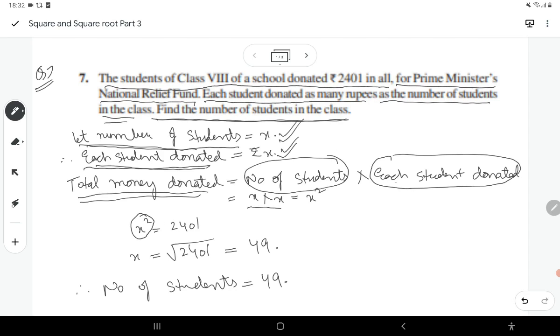It says that 2401 rupees is donated in all. So x square comes out to be equal to 2401, and x is equal to the square root of 2401, which you can find by using the prime factorization method, which comes out to be 49. So the number of students comes out to be 49.